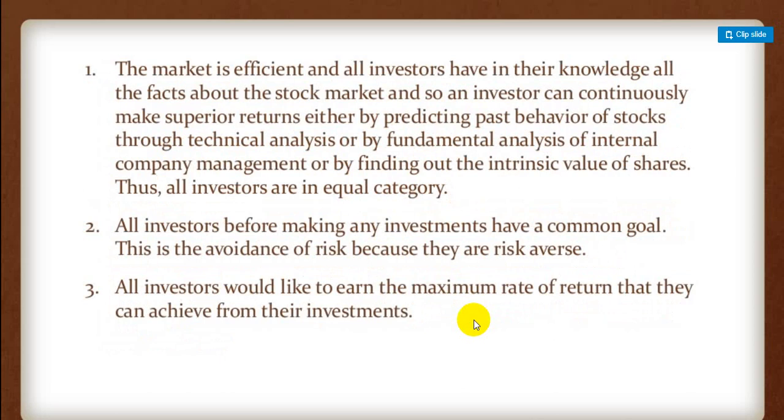The market is efficient and all investors have in their knowledge all the facts about the stock market, and so an investor can continuously make superior returns either by predicting the past behavior of the stock through technical analysis, or by fundamental analysis of internal company management, or by finding out the intrinsic value of shares. Thus all investors are unequal in category.